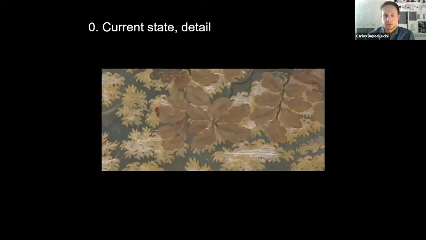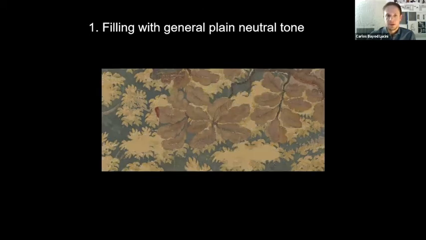So in this specific detail, this is the current state, and in all the white areas you can see that the fabric has lost material. A first step of restoring would be just to fill all the white areas with a general plain neutral tone, this kind of yellowish tone, which, as you can see, has no texture value.